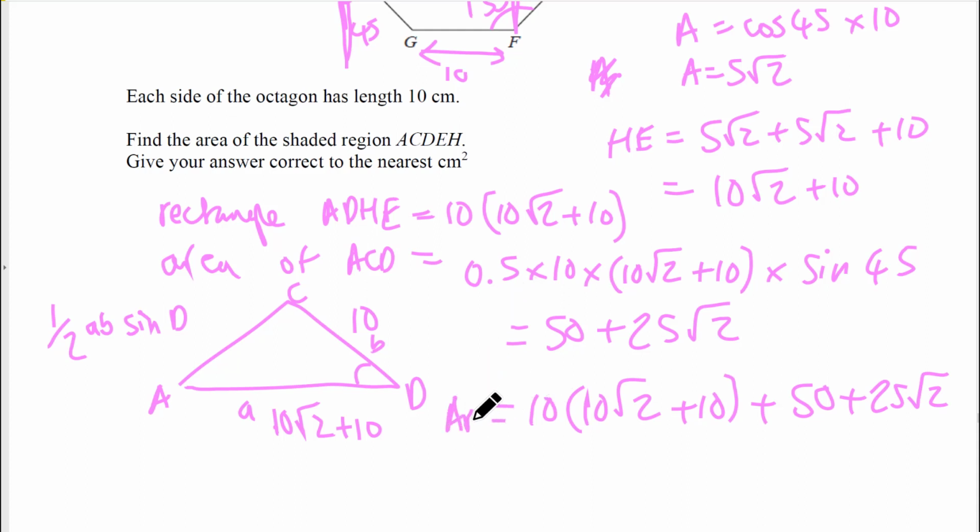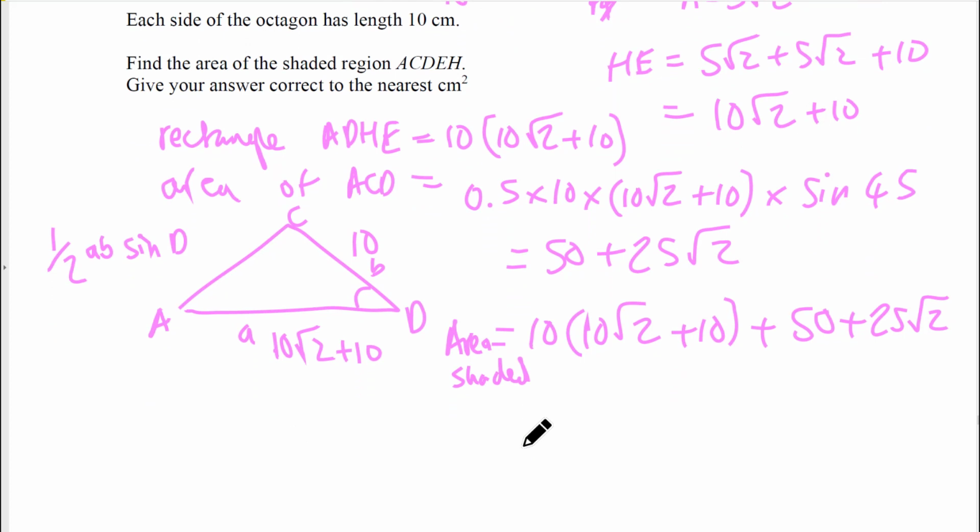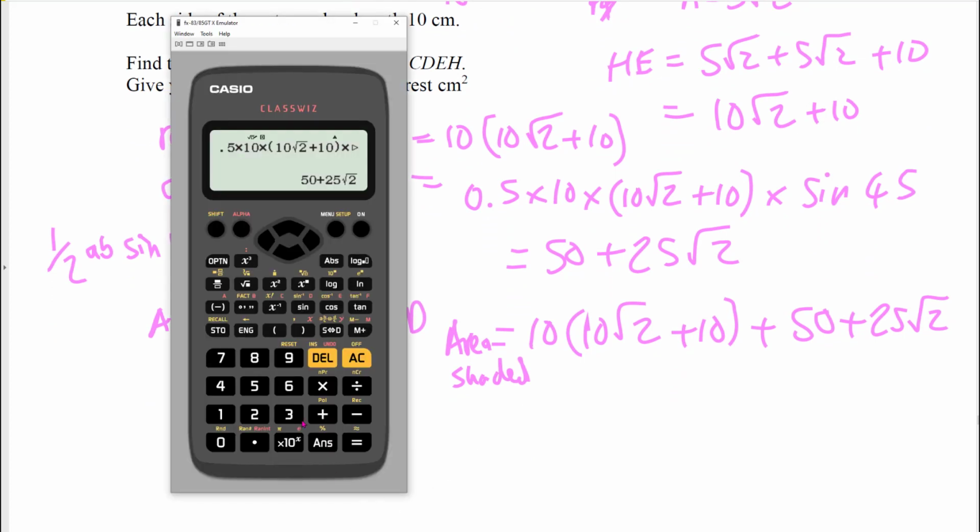So area of shaded. There's more than one way to do this as well, guys, but I think this way will be good for you, because you've got the skills to do this, I believe, doing it this way.